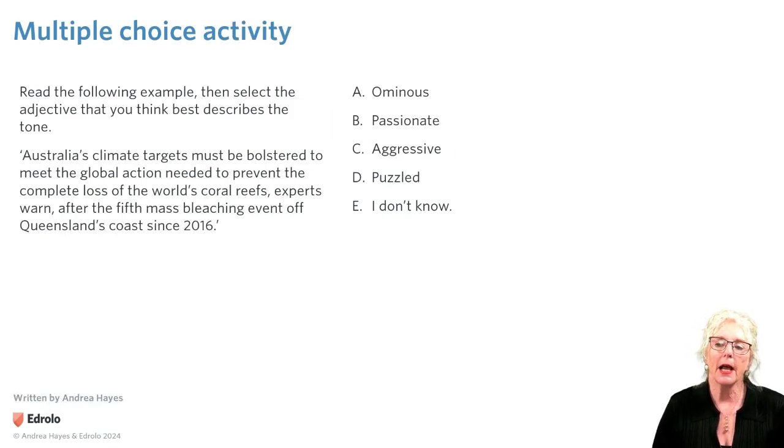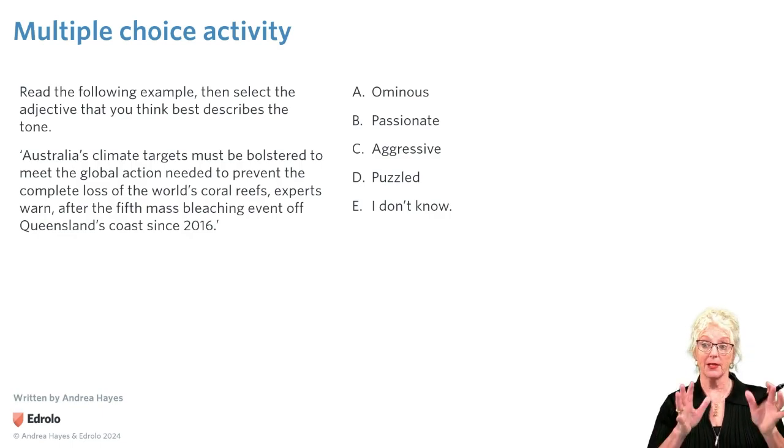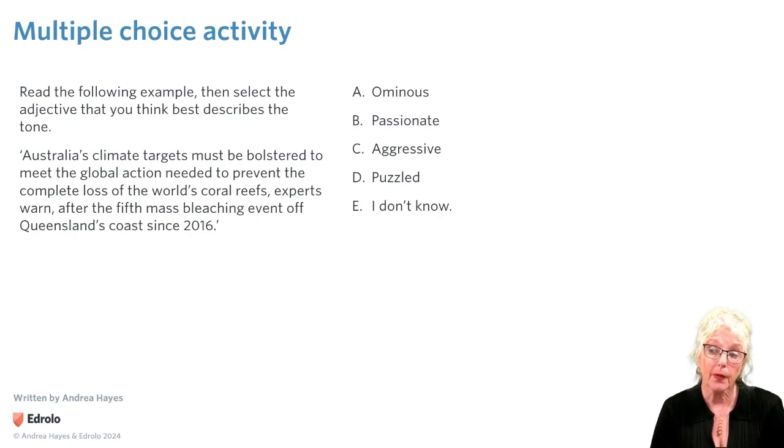Here's another one. Read the following example, then select the adjective you think best describes the tone. Australia's climate targets must be bolstered to meet the global action needed to prevent the complete loss of the world's coral reefs. Experts warn after the 5th mass bleaching event off Queensland's coast since 2016.